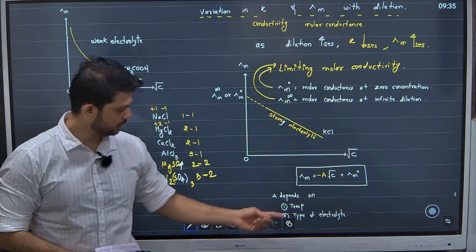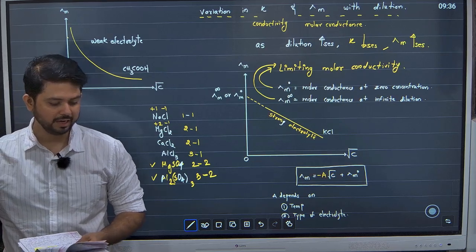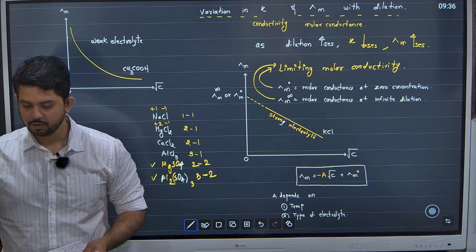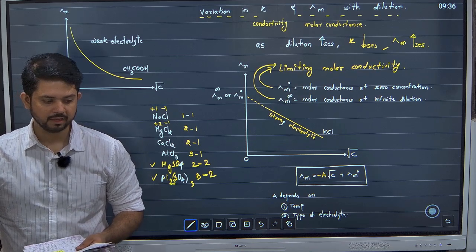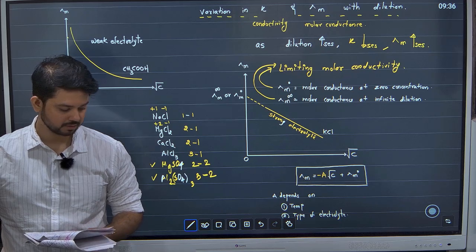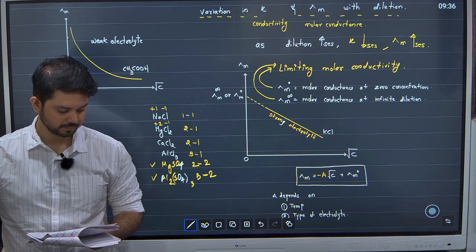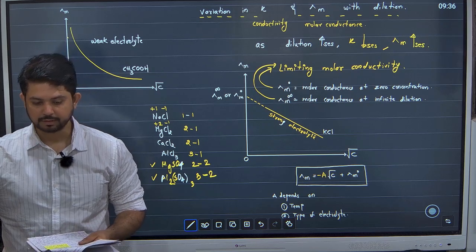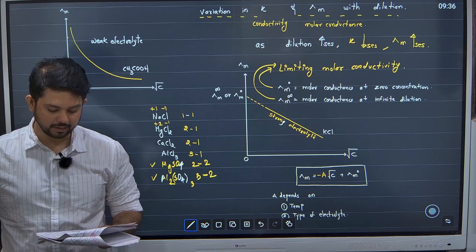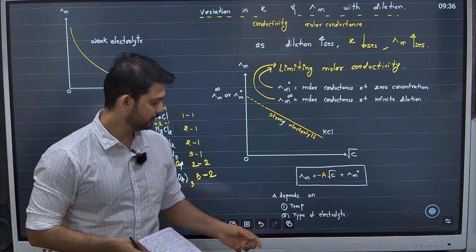Below the equation, probably add: the value of constant A for a given solvent depends on temperature and the type of electrolyte. Though we have written this, add kar do, temperature and the type of electrolyte.